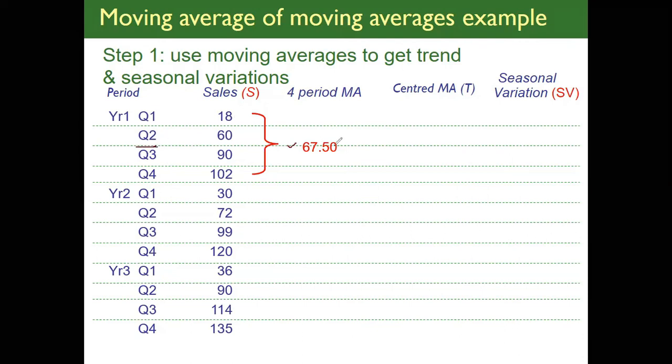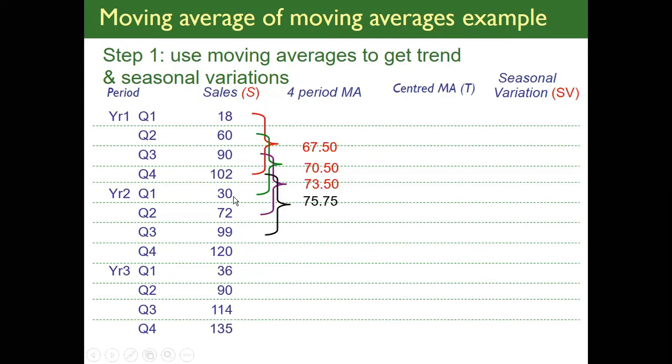So this number 67.50 is not appearing in front of any specific quarter. It is appearing somewhere in the middle. And that tells us that we need to find out the centered moving average. Then we take the next 4 quarters, which means that you exclude 18 and you add 30. And then you take another 4 quarters, and then another, and then you go on.